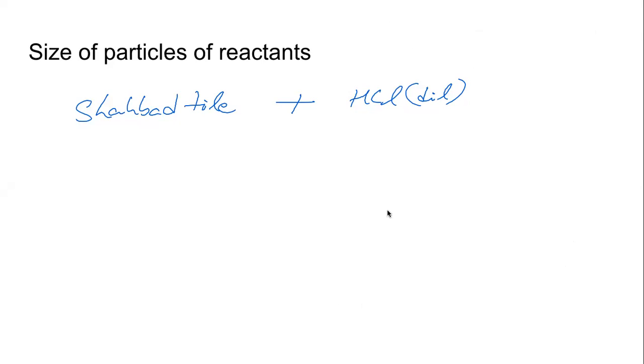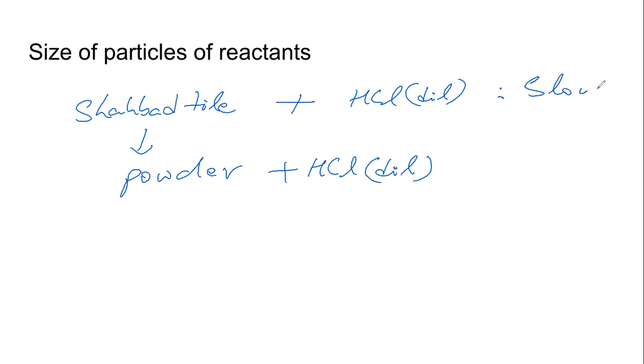But if we powder it, and then we react it with the same dilute hydrochloric acid, then the reaction will change from a slow reaction to a fast reaction. Just like cooking small cut vegetables or large cut vegetables.